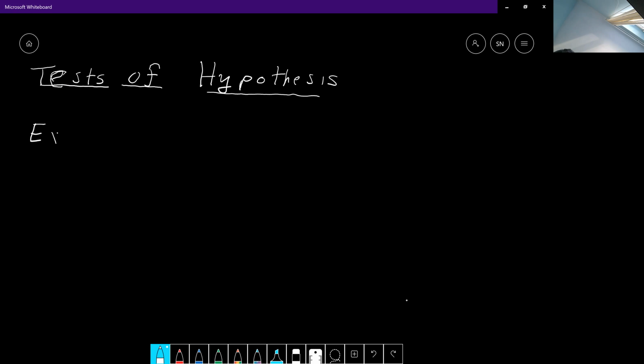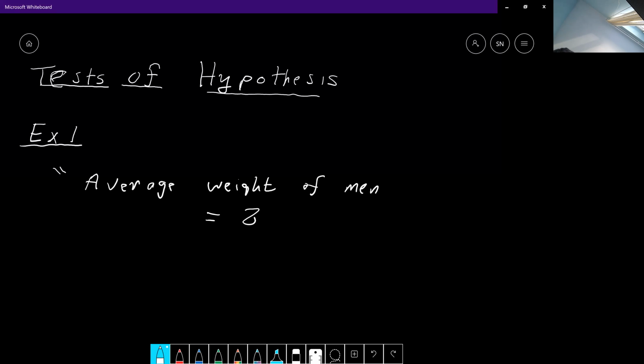Example 1. Suppose you want to test the hypothesis. Somebody may have a hypothesis. Say, for example, the average weight of men is 80 kg.